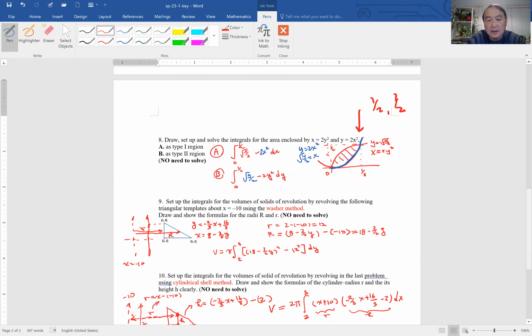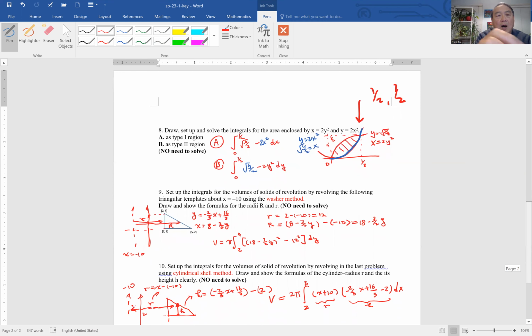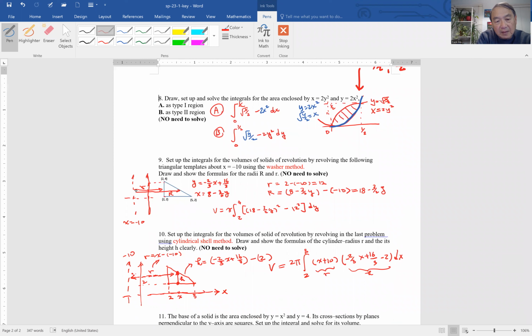Number 9. In order to get a washer, the slice I'm taking must be a horizontal slice. In other words, you're taking a thin slice of the solid based on dy, so the integral must be dy. So y goes from 2 to 4.